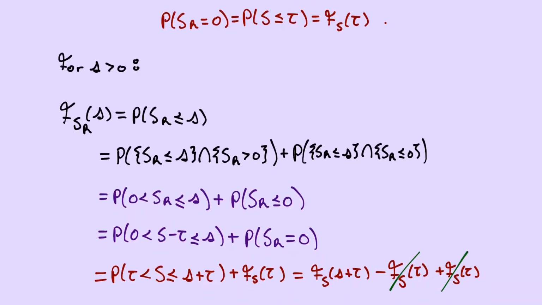So then the other case would be taking a real number, little s, a positive real number, and in that case, if we want to compute the distribution function of S_R evaluated at that positive real number s, by definition it would be the probability for the random variable S_R to be less or equal than the real value little s.